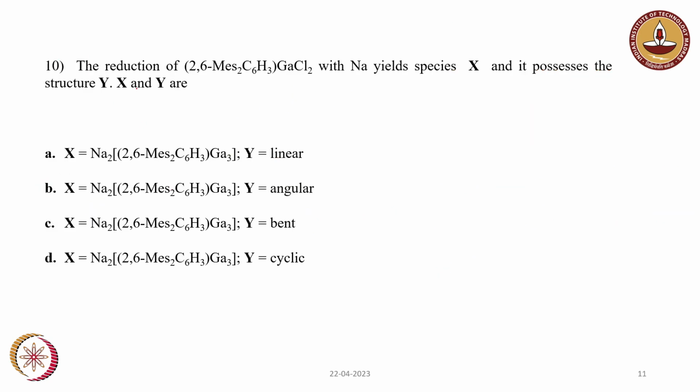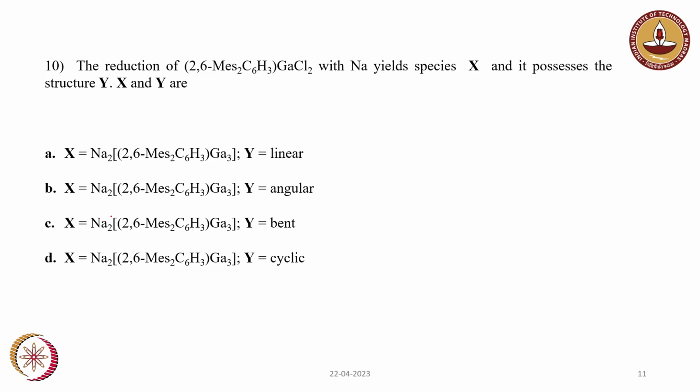The next question is the reduction of 2,6-Mes2C6H3GaCl2 with Na yields species X, and it possesses the structure Y. X and Y are: option A is X equal to Na2[(2,6-Mes2C6H3Ga)3] and the structure is linear.